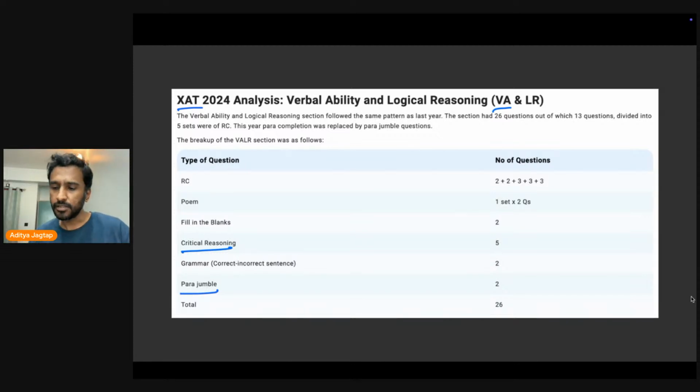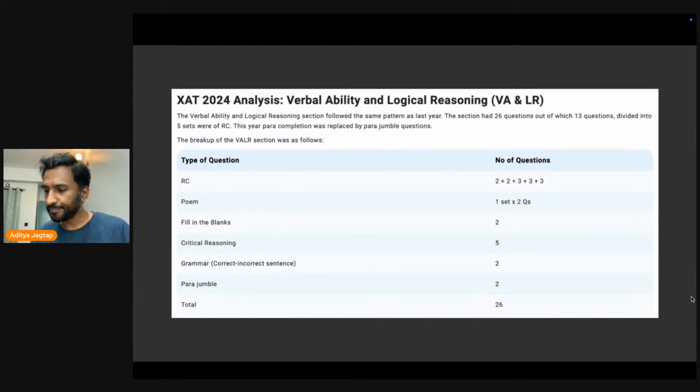These type of questions are obviously asked in CAT. And this question type, generally speaking, the critical reasoning question type and the parajumble question type, broadly speaking, in an English paper, these are usually the most difficult areas, right? So same thing applies to that.